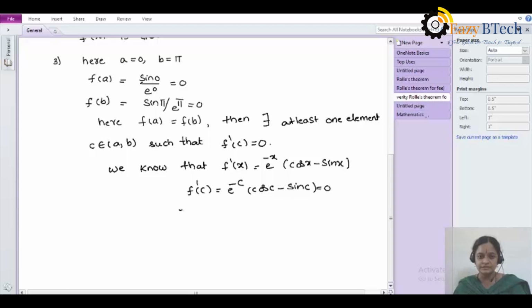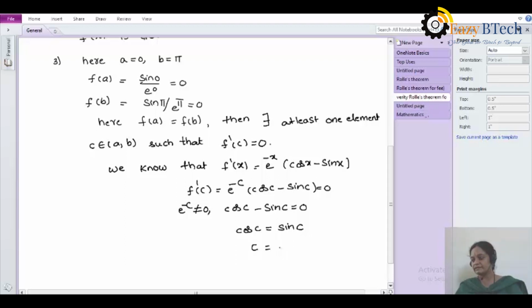We know that the exponential term need not be equal to 0. So equating the second product term to 0, cos c minus sin c is 0, cos c is equal to sin c. So both the trigonometric functions are equal, and the value of c is equal to pi by 4.